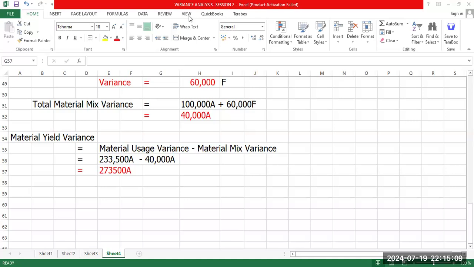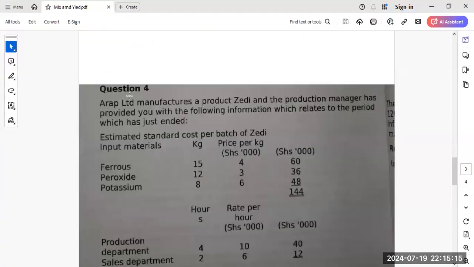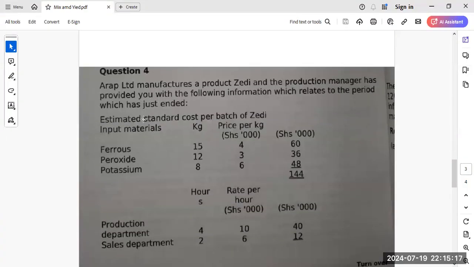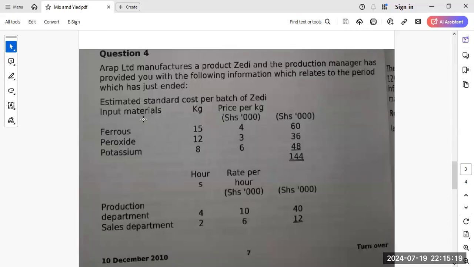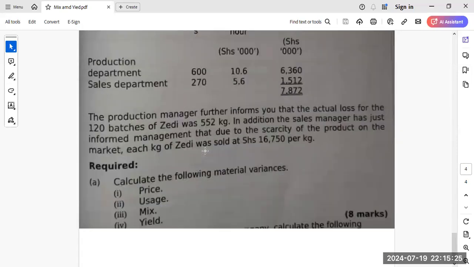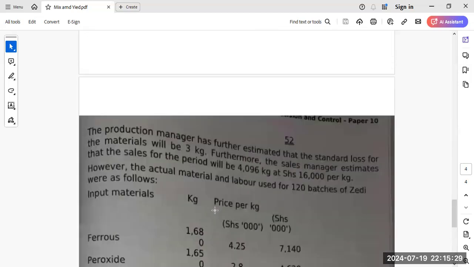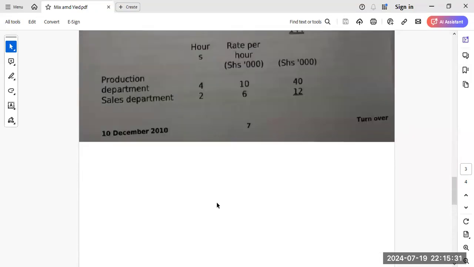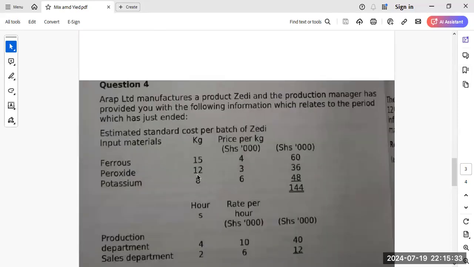Any question? When you check the next question that was asked some time back, on the required part, they also need price, usage, mix, and yield. Here you will just need to interpret the question clearly. You see here they have not given you the rows.